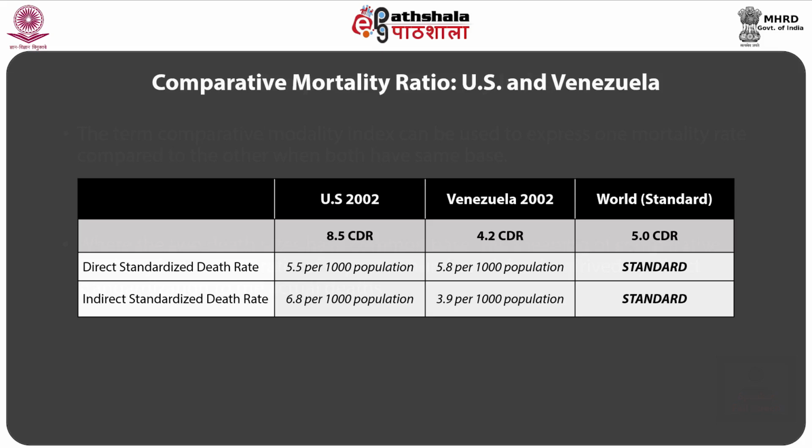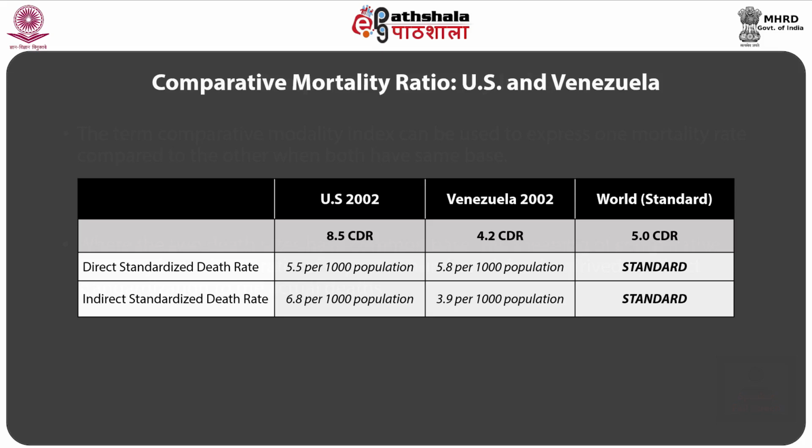In the direct standardization, considering world age-specific death rates as a standard compared with the age structure of population of US 2002, the direct standardization of death rate is given as 5.5 per 1000 population, and for Venezuela it is 5.8 per 1000 population. Examining this, it shows clearly that, making the standard world age-specific death rates and comparing the Venezuela and US population structure, the death rate of Venezuela is higher than that of US.